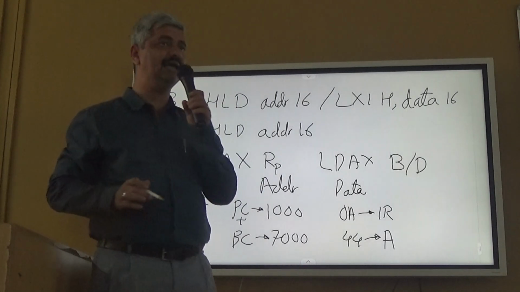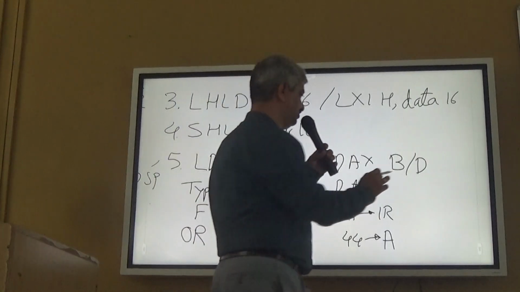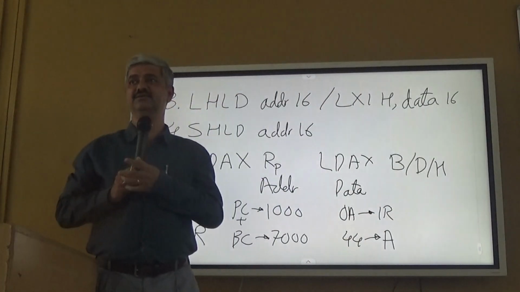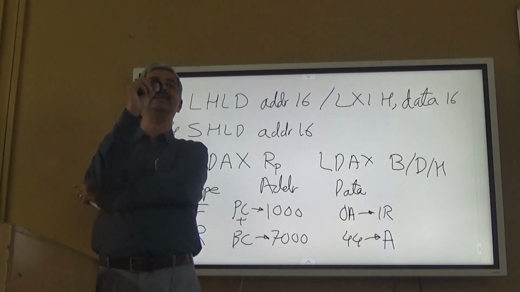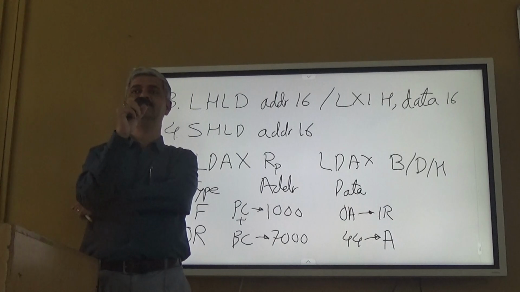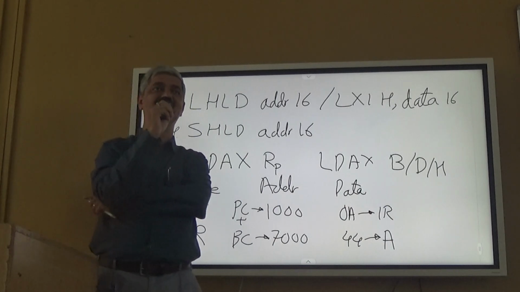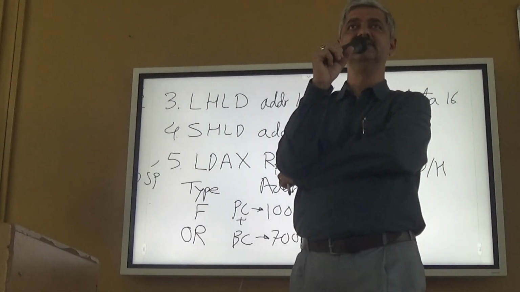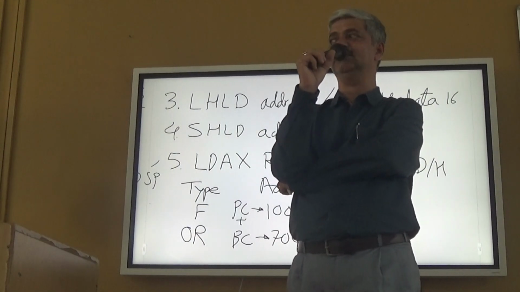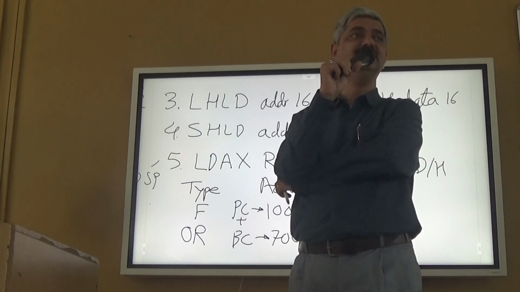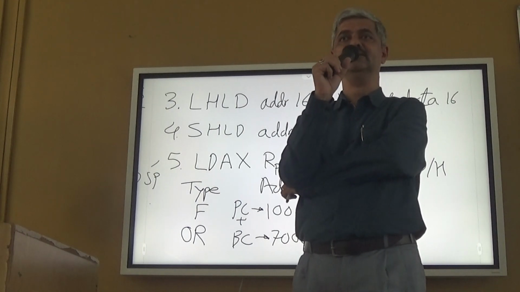And there will be LDAX H. So LDAX H, what will it do? Can you explain? LDAX H brings the contents of the external memory location into the accumulator whose address is given in the HL pair.